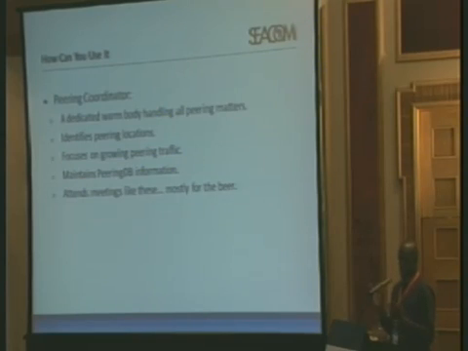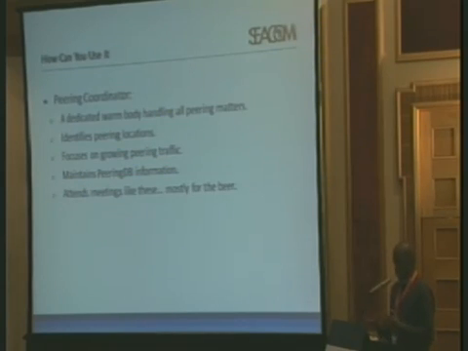Who looks at the Arbor output, or what Martin was talking about earlier this morning, the net flow data, to decide where to peer? With whom do I peer? What will it cost? Who handles the cross-connect charges? Will there be an agreement? What's the long-term strategy? Do we upgrade to a 10 gig port, 100 gig port? All those kinds of details. You have a dedicated person, typically called a peering coordinator.